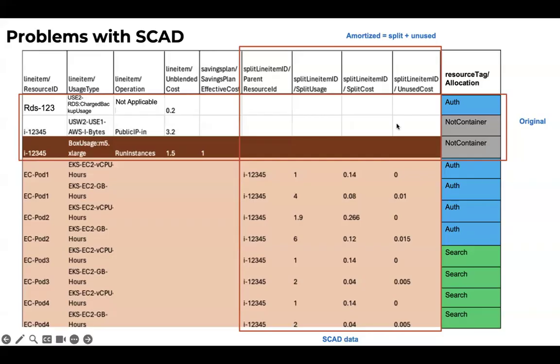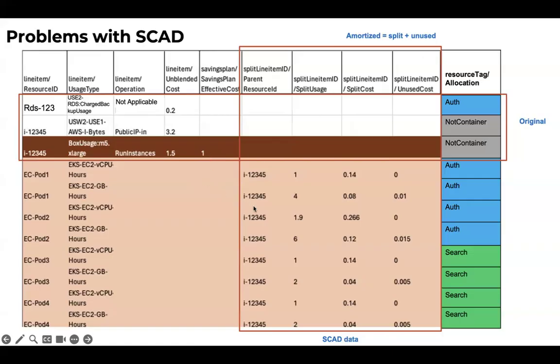This creates a huge problem with the usage of SCAD. There are some other problems, like, why does every resource have to be split up, right? Perhaps every EC2 instance doesn't have to be split up, and we could use some tags to figure out which one needs to be split up.